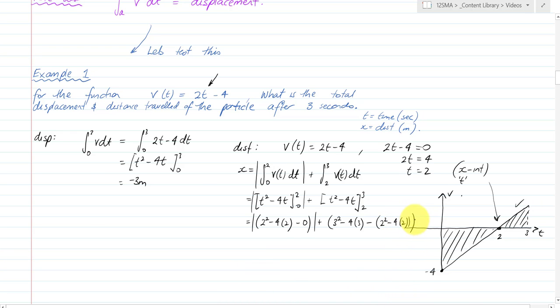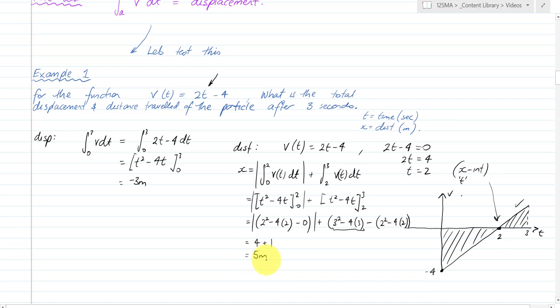Doing that calculation really quickly, 2 squared is 4, 4 times 2 is 8, so I get negative 4, but the absolute value of negative 4 is 4, and then I get negative 3 here, and negative 4 there, so that gives me overall plus 1, and that gives me 5 meters.